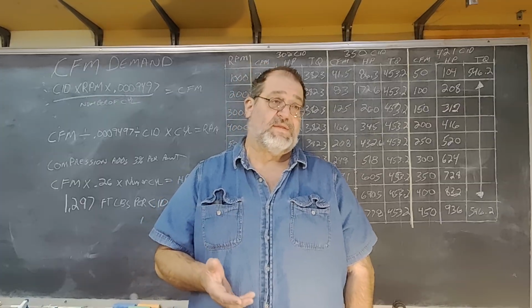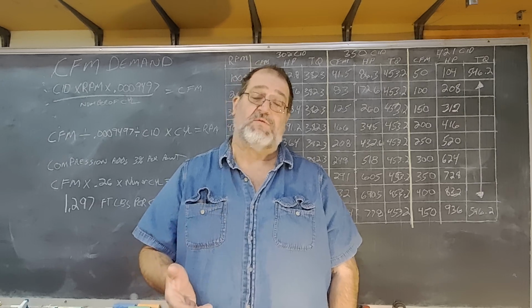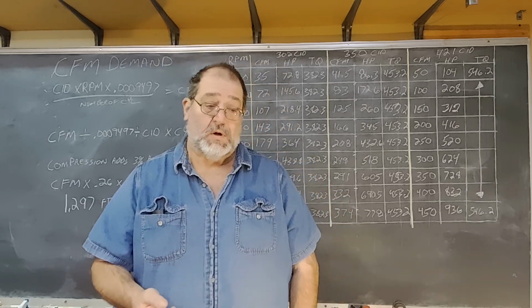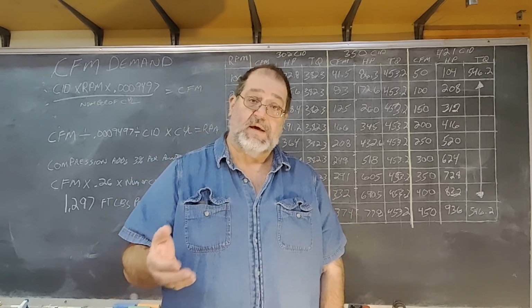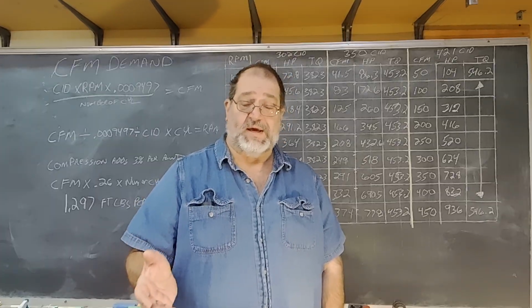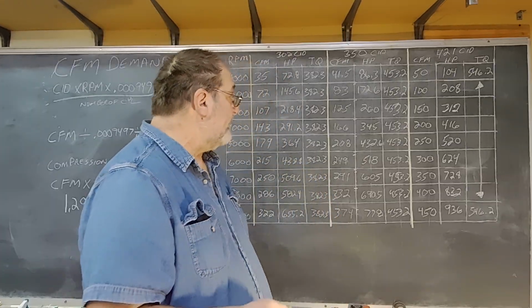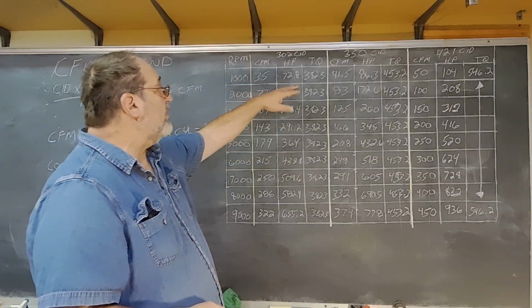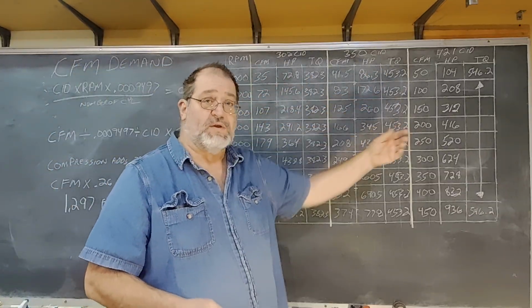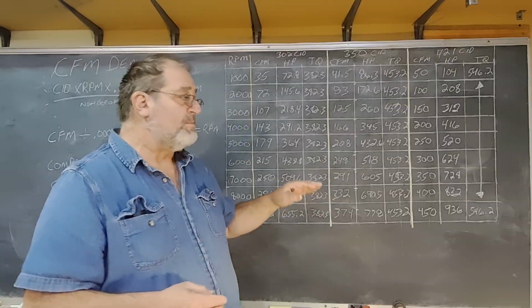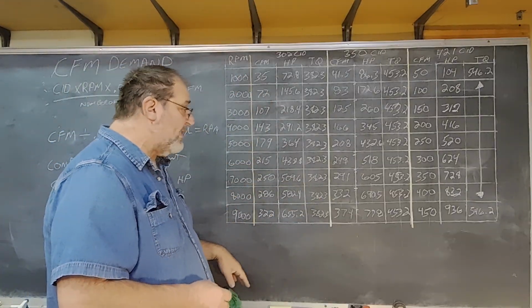The reason we look at this is because there are limits to what an engine can do. And you need to decide in your build if what you're looking at makes sense. Now, I've written 302, 350, and 421 small block displacement and figured out the airflow.